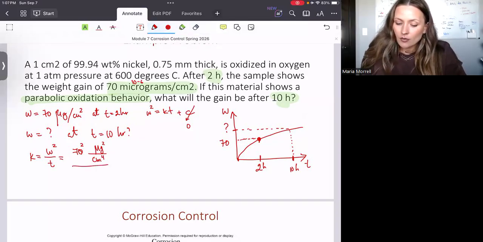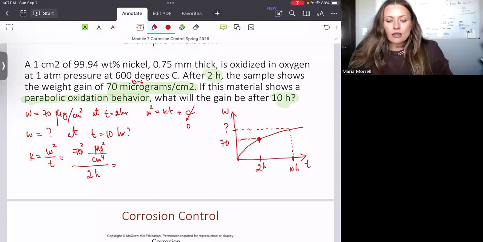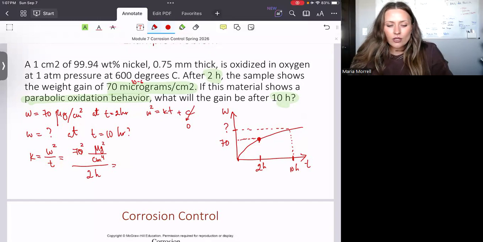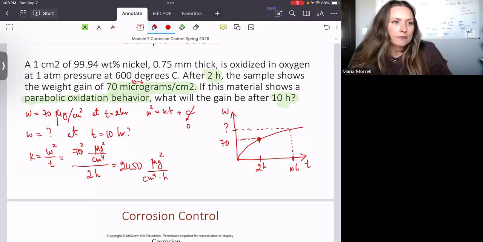And then I divide it by the 2 hours, right? So what is it? 49, 240, right? Yep. And the units will be micrograms squared per centimeter to the fourth per hour, right?